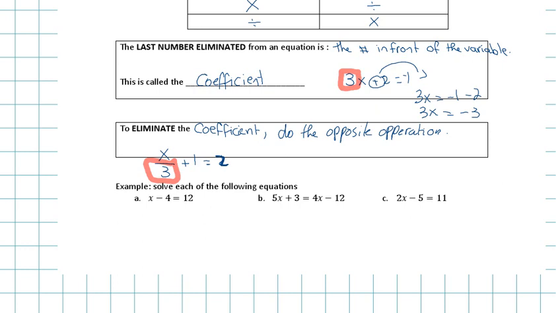When you bring it over, it's a division. So it'll be x equals -3 divided by 3, which is -1. Do you understand that? Okay?